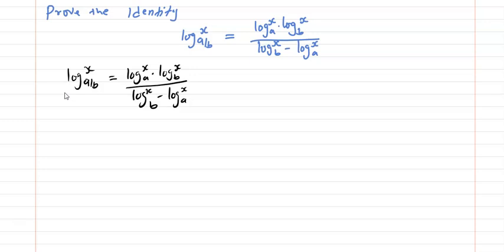Here we have log x to base a over b, which will be equal to 1 over, if you remember one of our laws, the property of logarithm, 1 over log a over b to base x.